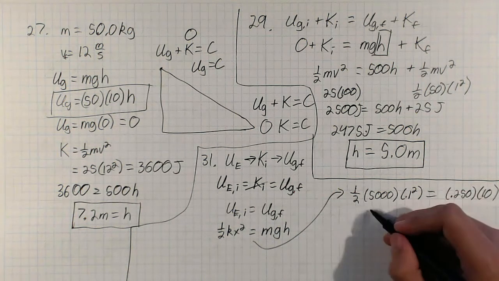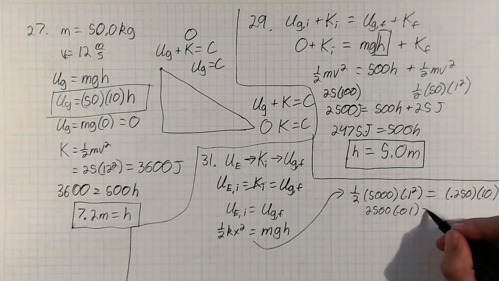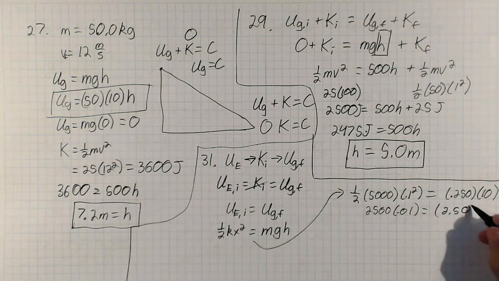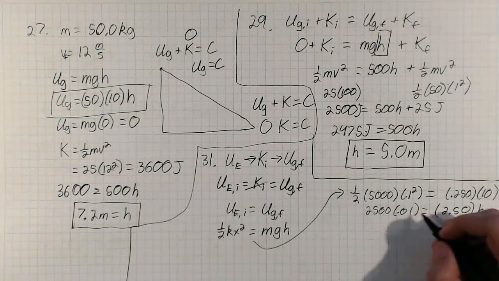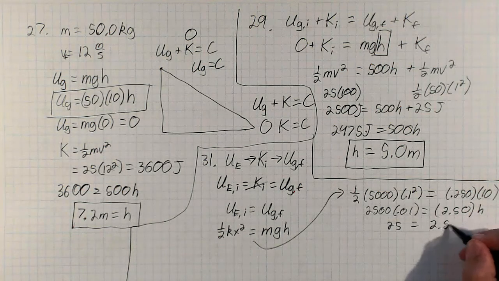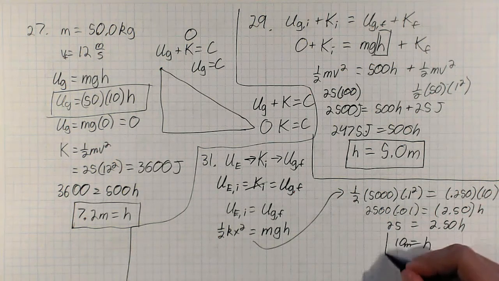And now it's just plug and chug. So this is 2,500 times 0.01 is equal to 2.50 times h. So 25 is equal to 2.50 times h, which means our height is 10 meters.